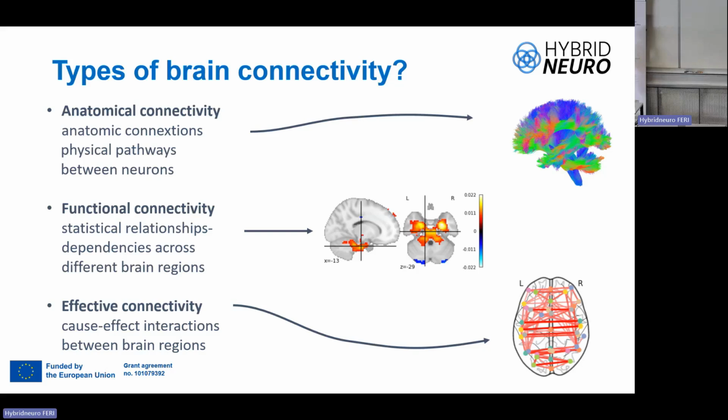So this is the functional connectivity. In the effective connectivity, it's more interesting because we can consider the direction of the flow of the information moving from one electrode to the other one. So the directionality of the connectivity is considered in this effective connectivity.